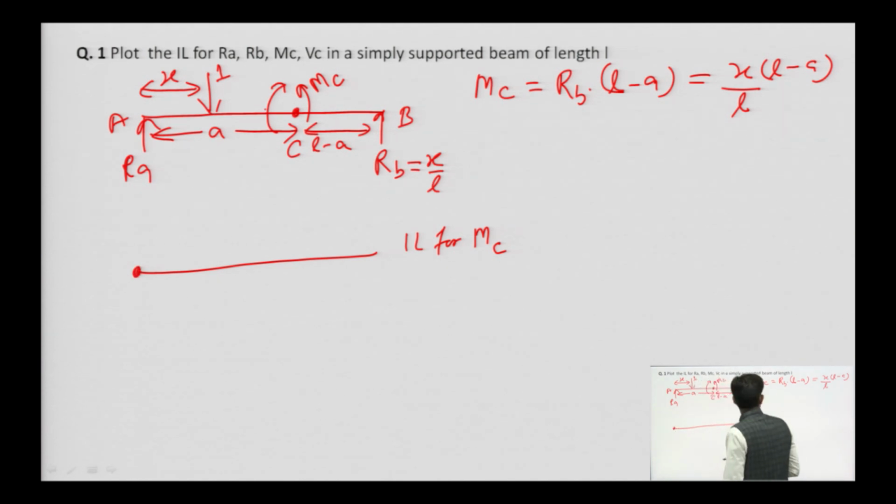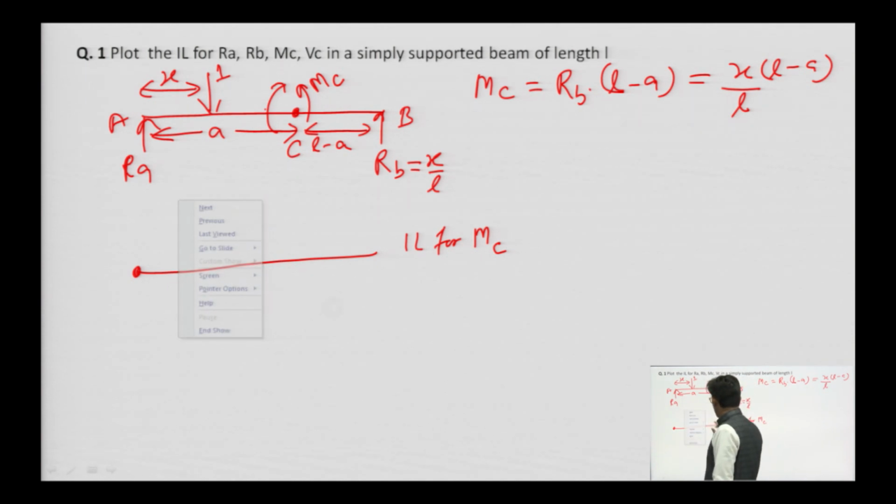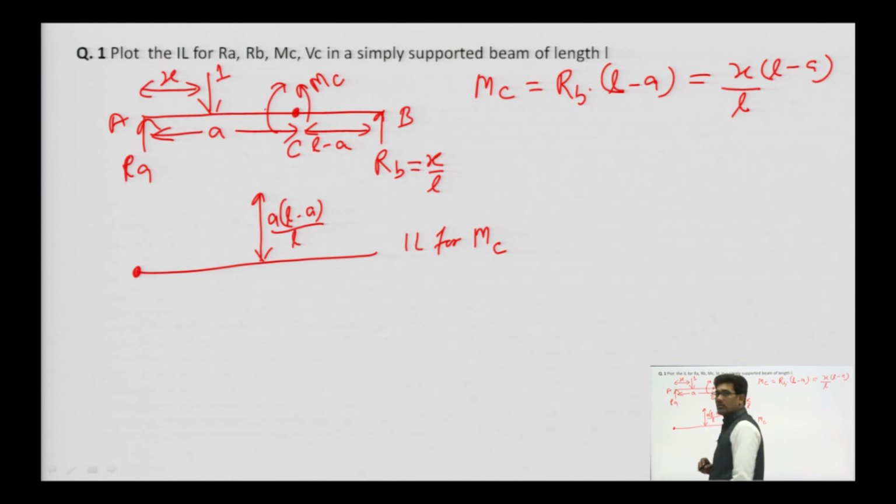When the point load is at point C, x is A, then we get the ordinate A into L minus A divided by L. And the variation is linear.